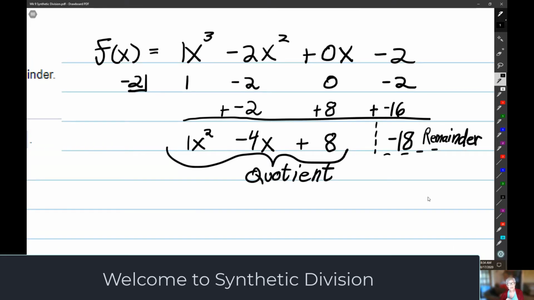Long polynomial division can be very tricky until you do it a whole lot, and then you still make stupid mistakes. I do. This is so much better. I love synthetic division.